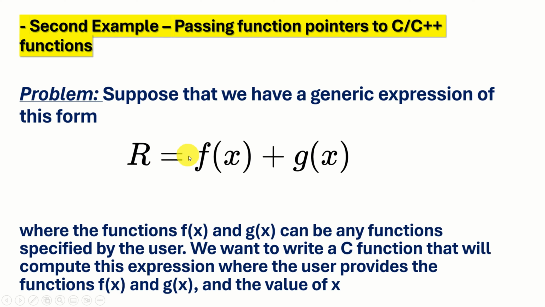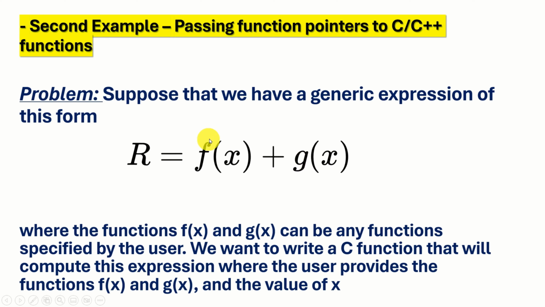The result is equal to the sum of two functions, f of x plus g of x, where f of x and g of x are actually not C or C++ functions, they are mathematical functions such as sine, cosine, tan, squared, square root, etc.